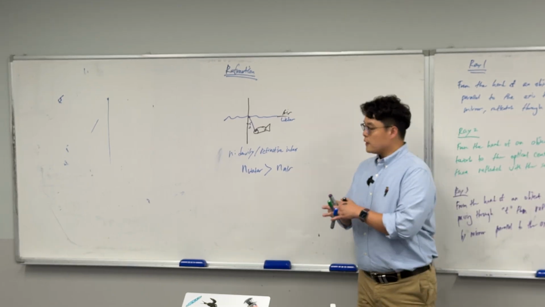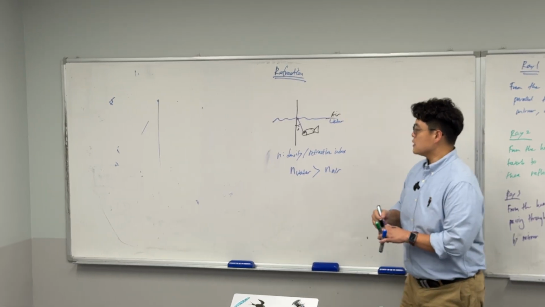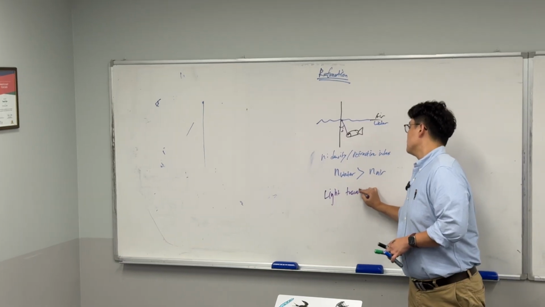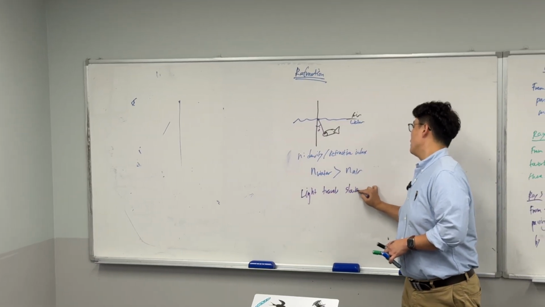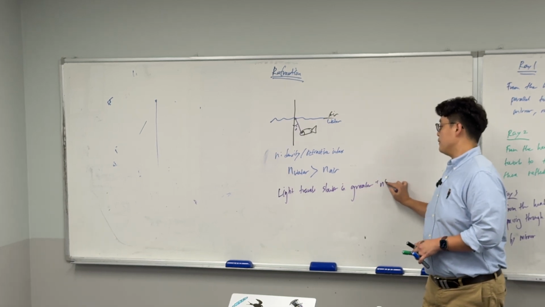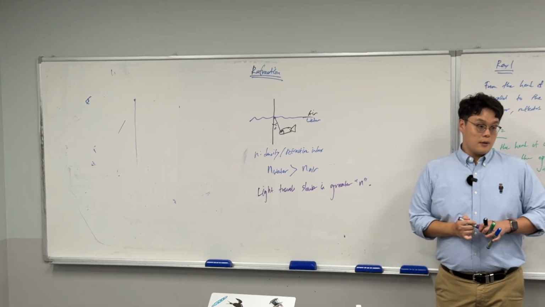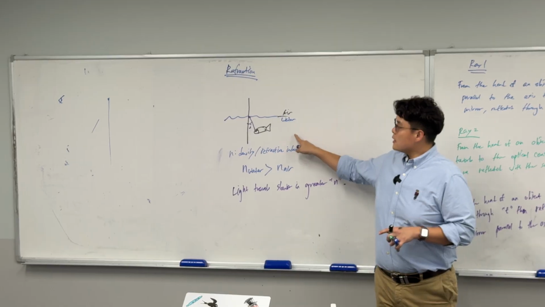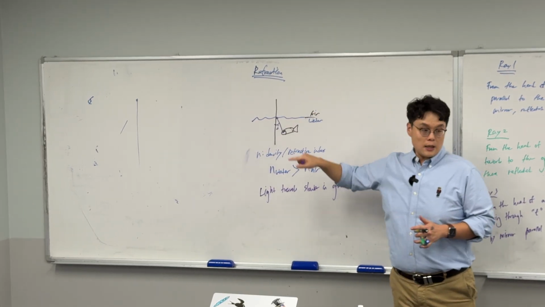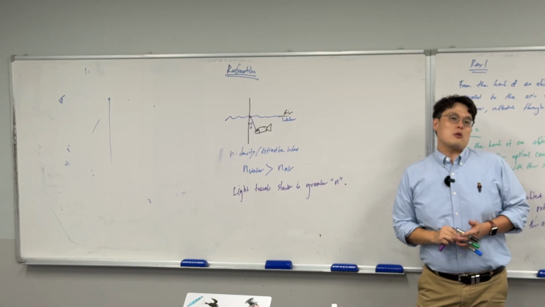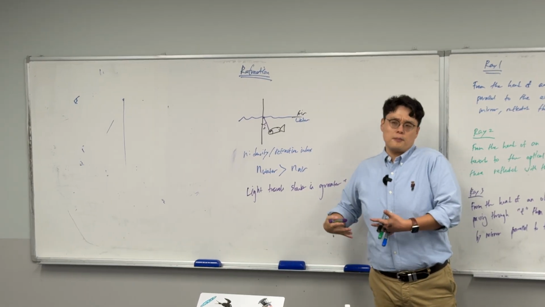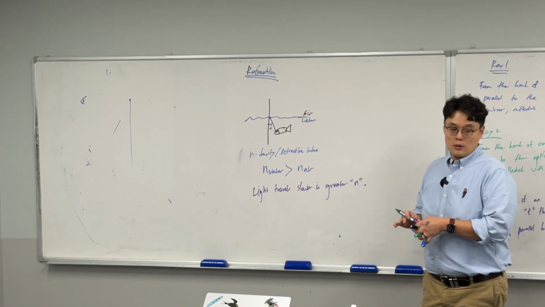Then, one thing you have to understand about refraction is this: light travels slower in greater N. That is, light in the water travels slower than light in the air. It's easy to imagine that light gets obstructed, or blocked, by the medium, the particles there.